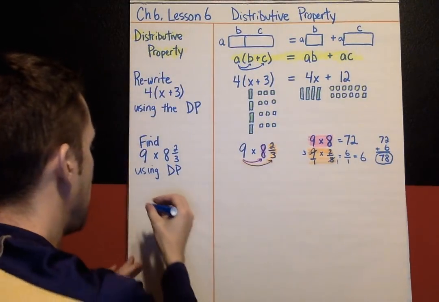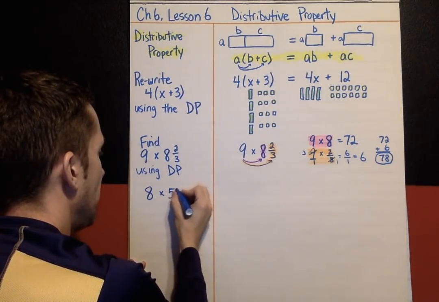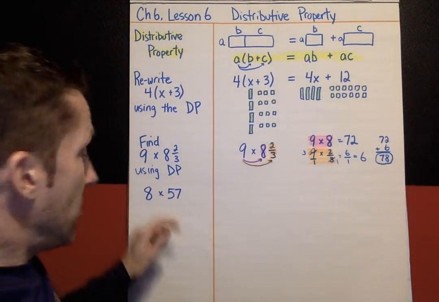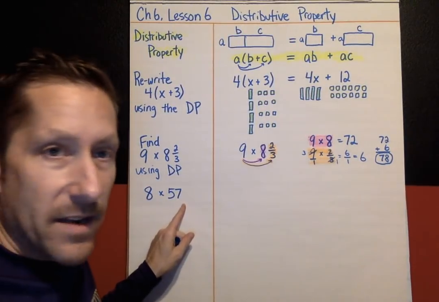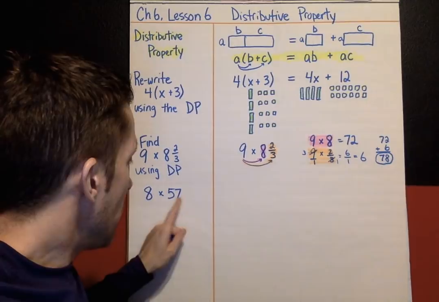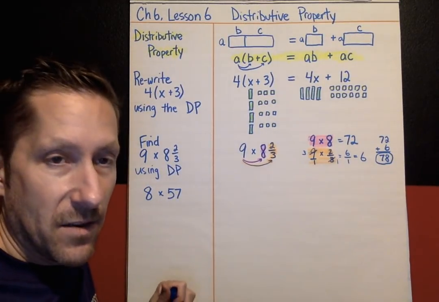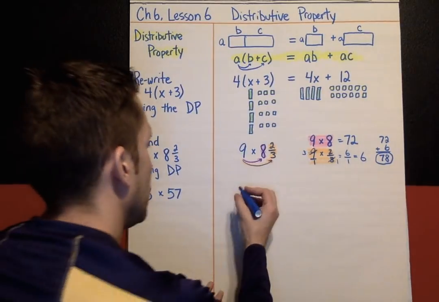Another quick example, 8 times 57. This is not written in distributive property form yet. However, you can break up the 57 and then use the distributive property to solve this.